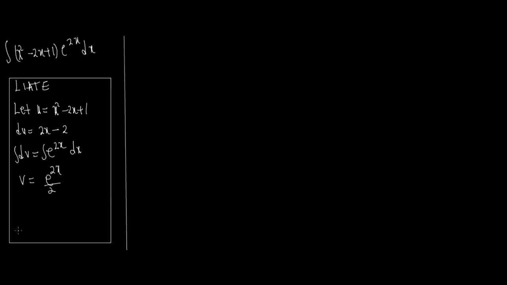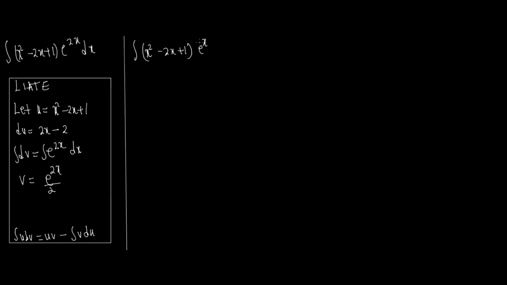So the formula for integration by parts says the integral of u dv is equal to uv minus the integral of v du. So now let's substitute this information into the integral. So it's very important to keep the left hand side.